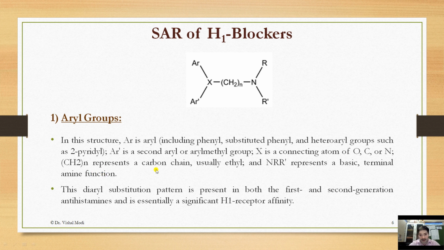CH2 CH2 N represents a carbon chain, usually ethyl, and NRR dash means this group, representing a basic terminal amine function. This diaryl substitution pattern is present in both the first and second generation antihistamines and is essential for significant H1 receptor affinity.